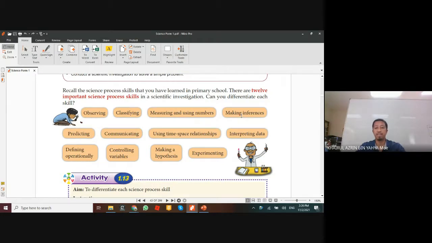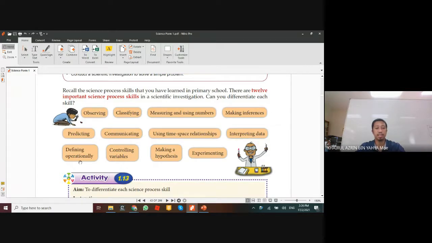Fourth, making inference. I will explain to you what is inference later. And then predicting, meramalkan. Communicating, berkomunikasi, cara kita sampaikan. And then using time space relationship, gunakan hubungan masa dan ruang. And then interpreting data, menganalisis atau menterjemahkan data, biasanya dalam bentuk graf.